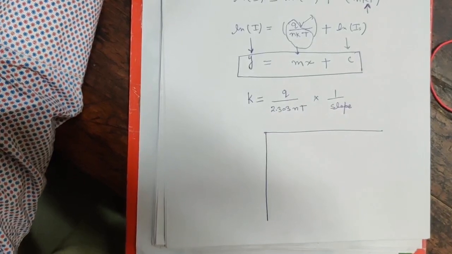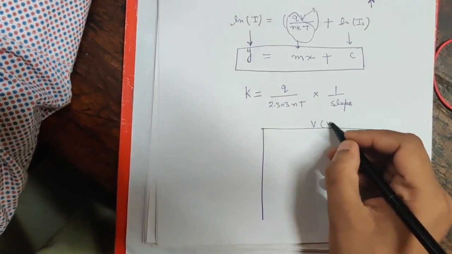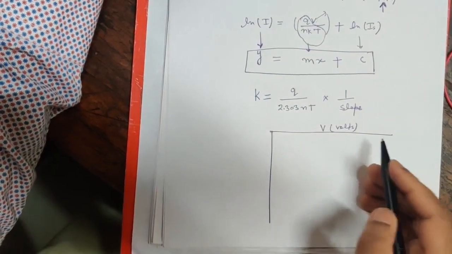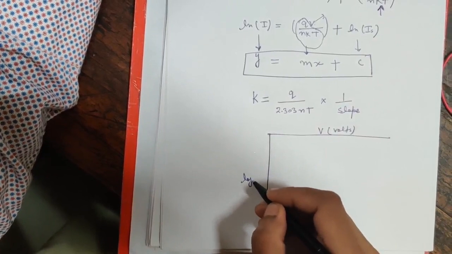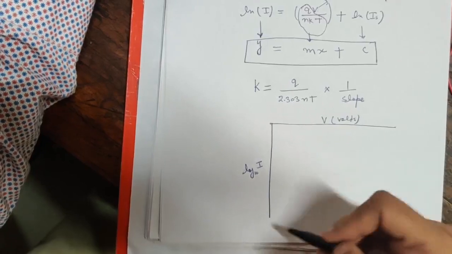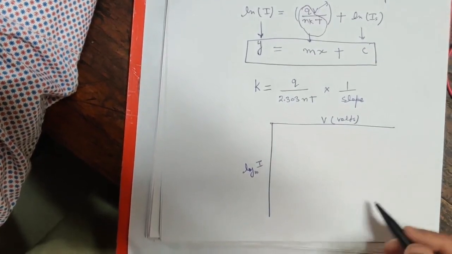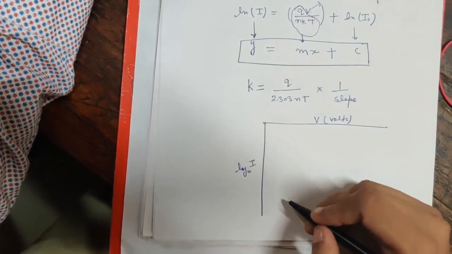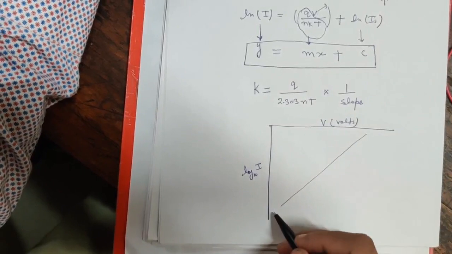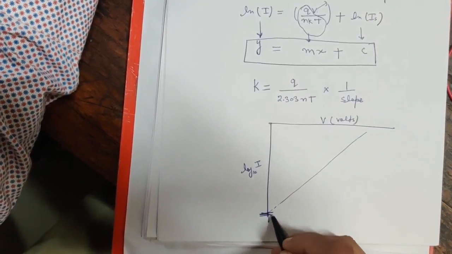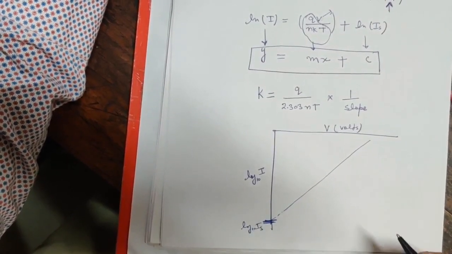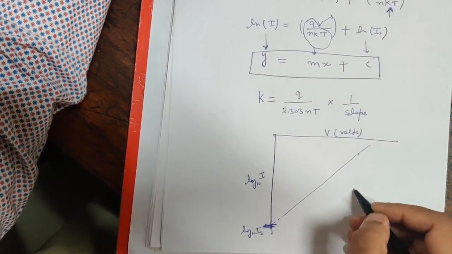For the ordinate we have voltage, and here we have log base 10 I, and I will tell you why I am plotting this graph in the opposite direction, meaning in the 4th quadrant, right? If I plot this graph roughly, it is something like this, and where it is cut, it will give me the value of log base 10 IS, right?